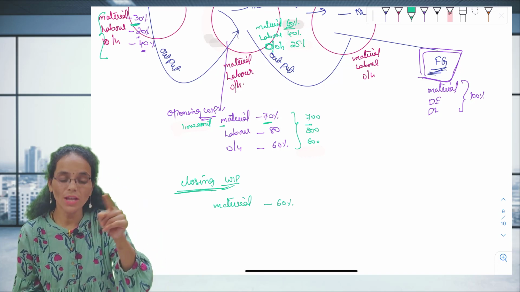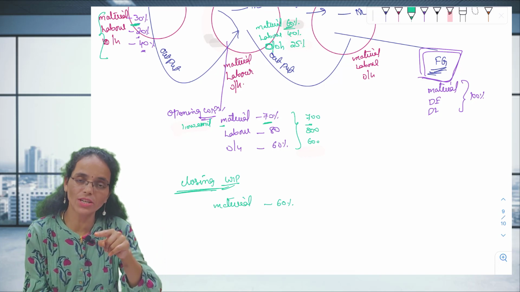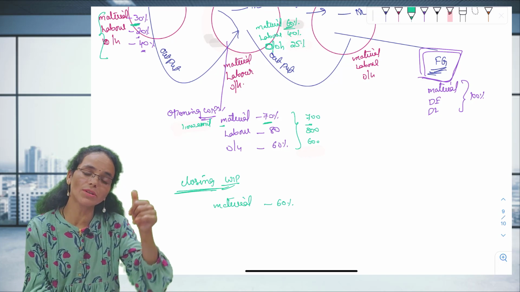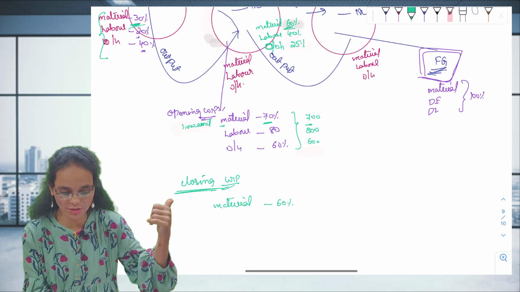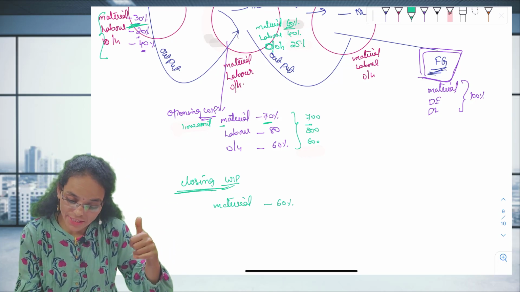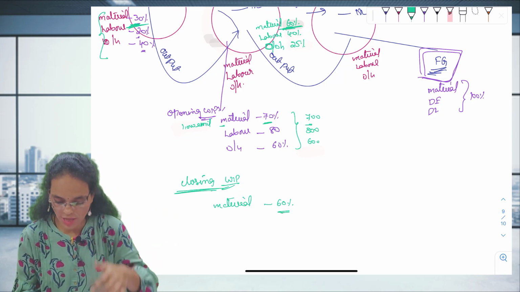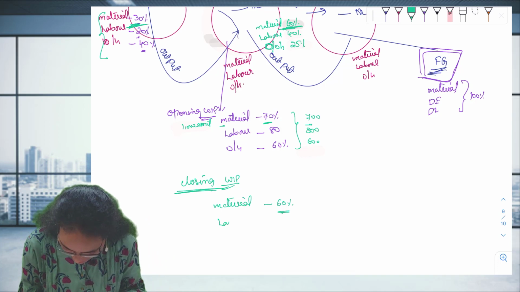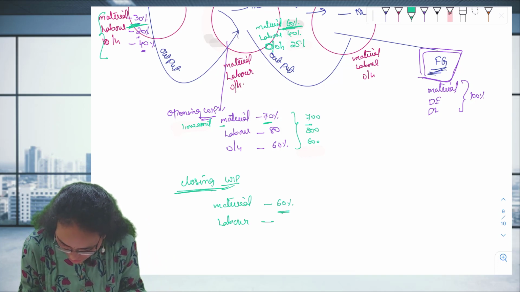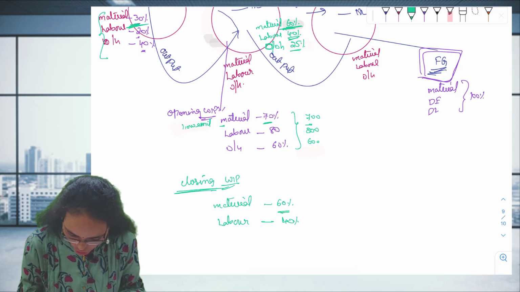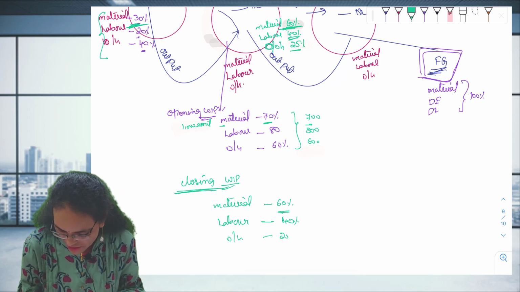The question here is, the 30% was completed in the previous process, but here 60% is completed in the current process for the closing stock. Material 60%, labor 40% completed, and overheads 25% completed.